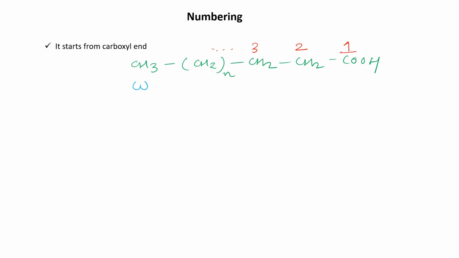This is the omega carbon or the omega end. This carbon is alpha, this is beta. So number wise, the carboxyl terminal is the first carbon and so on. If we talk about Greek abbreviation, the carbon next to the carboxyl terminal will be called alpha carbon. Then beta, and the methyl end is called omega.